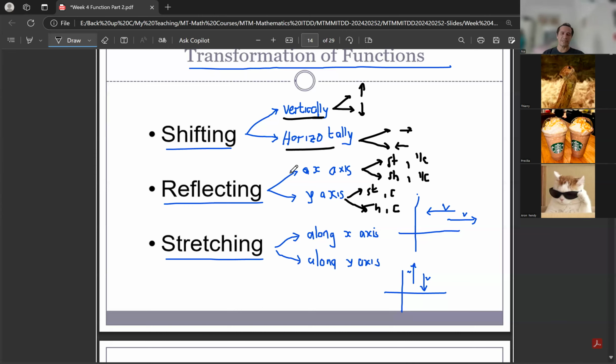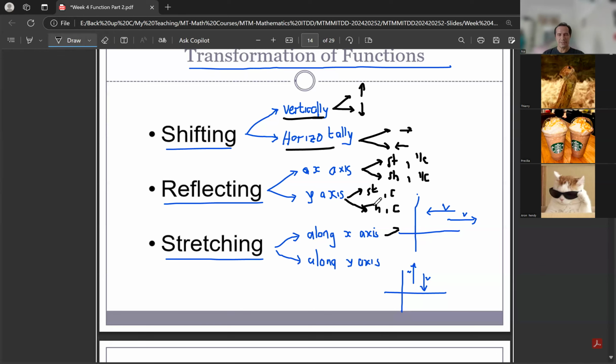Oh, sorry, I made a mistake. Reflecting x-axis. Actually, the stretching is here.